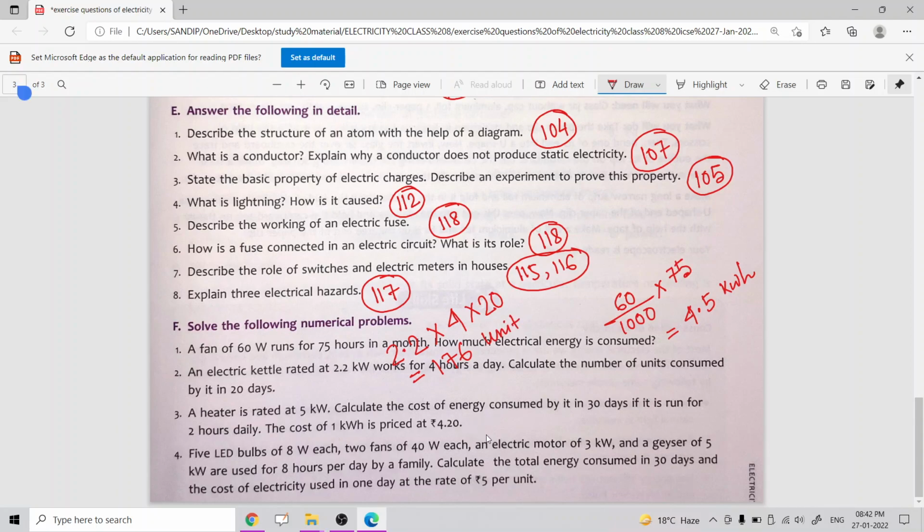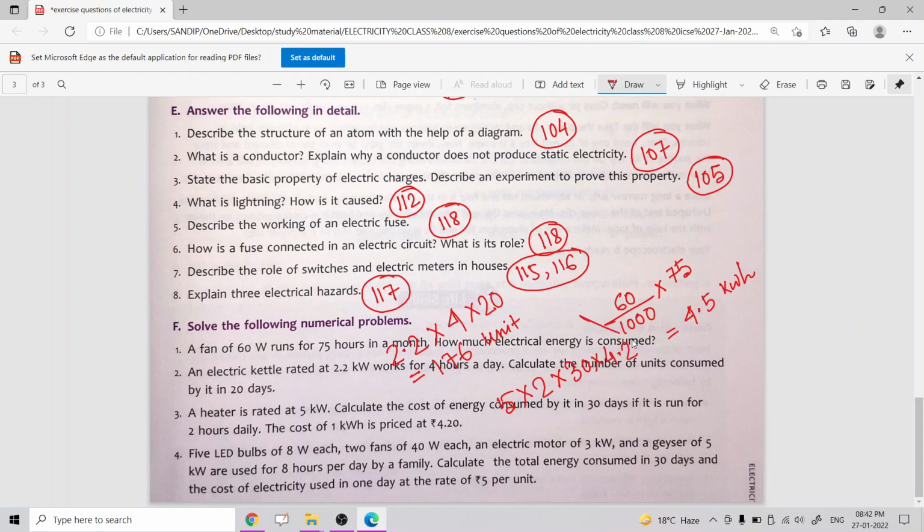Similarly, the next one is, a heater is rated at 5 kilowatt. Find the cost of the energy for 30 days if it runs 2 hours per day. So this question is 5 into 2, this is kilowatt hour for 1 day. For 30 days it is 30 into that, and 1 kilowatt hour means 4.2 rupees.